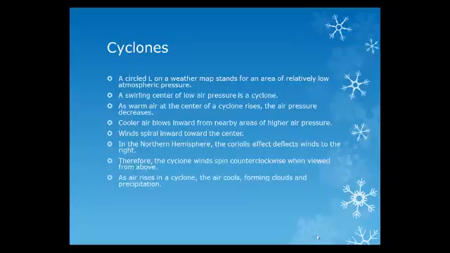As air rises in the cyclone, the air cools and it forms clouds and precipitation. When we have cyclones that develop, it causes air pressure to decrease, and with that there is going to be cloud formation, wind, and precipitation.